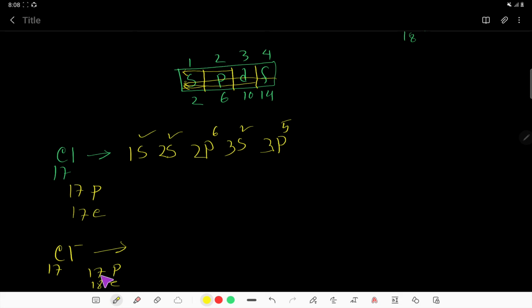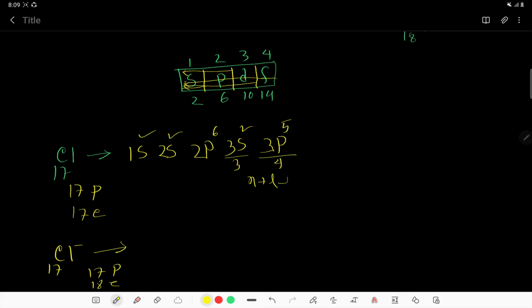So how to write the electron configuration of the chloride ion? At first you need to write the electron configuration of neutral chlorine, then you need to add one more electron in the subshell with the highest value of n plus l. Look here: n plus l, 3 plus 0 equals 3, and 3 plus 1 for p equals 4.